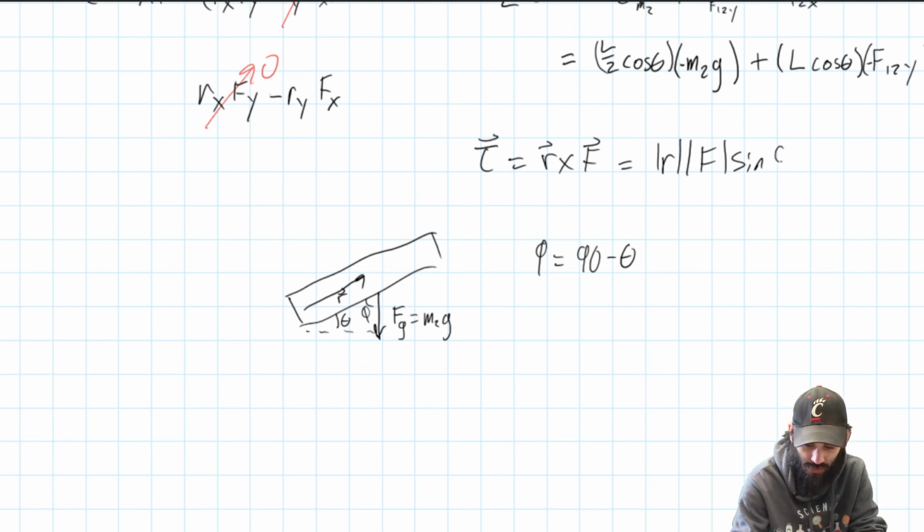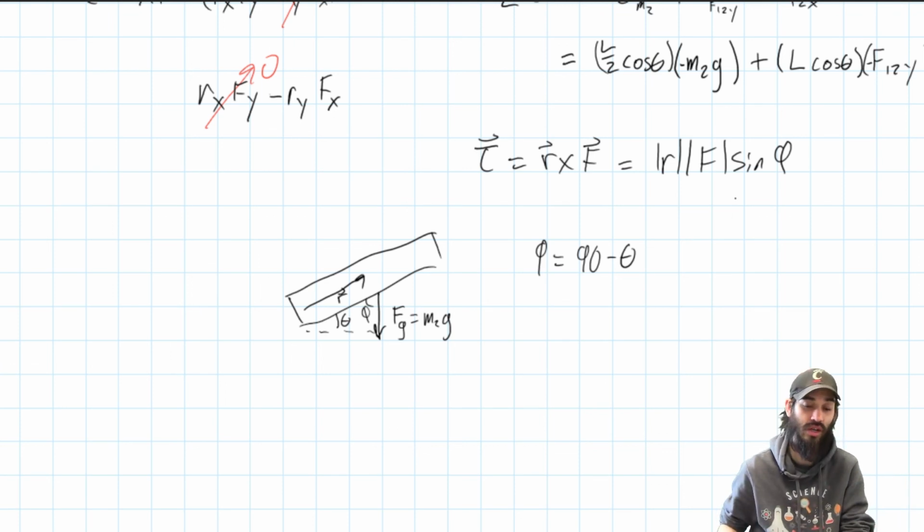So you have to be really careful when you're using these equations, when you say, okay, well, what is the torque? This theta here is not always going to be the same as the theta you have in the problem. They're different. And you have to identify, when you're drawing your pictures and you're setting up your diagram, what's the meaning of theta for the cross product, and what's the meaning of theta in the problem that you have.